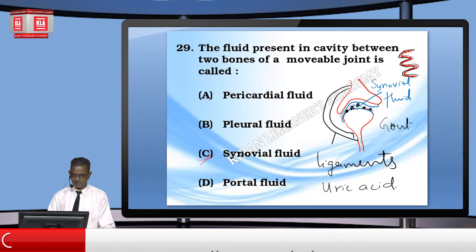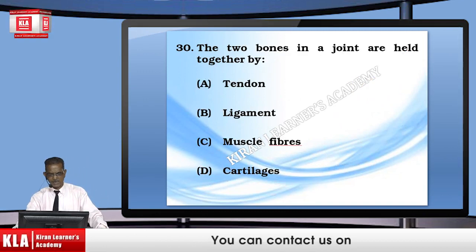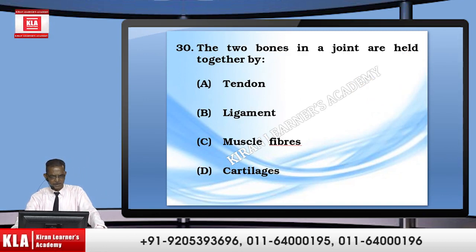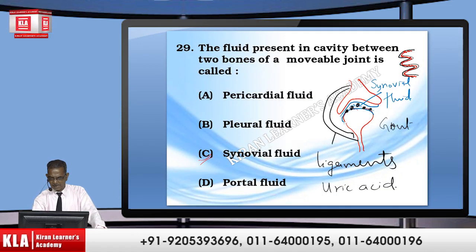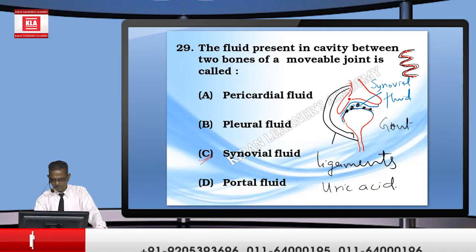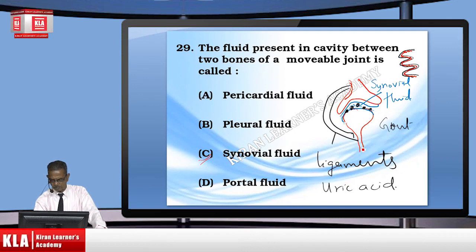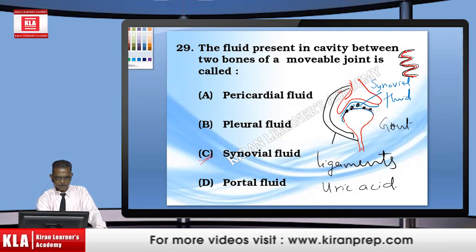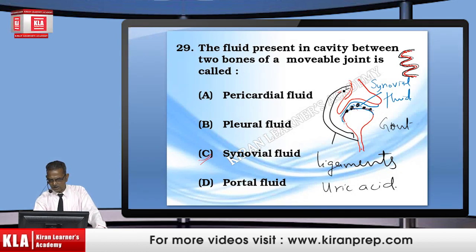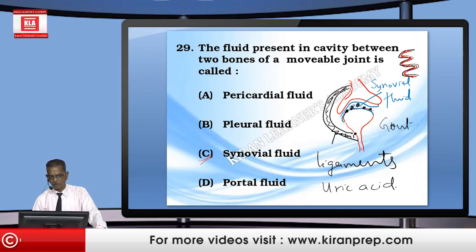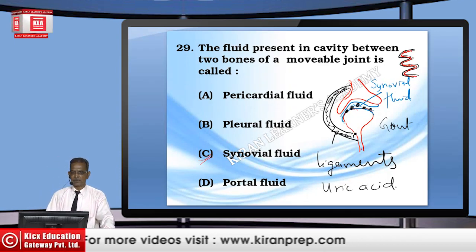Next. The two bones in the joint are held together by what? Now, in the previous question, as I mentioned, here is one bone and here is another bone. The two bones are interlinked by what we call ligament.